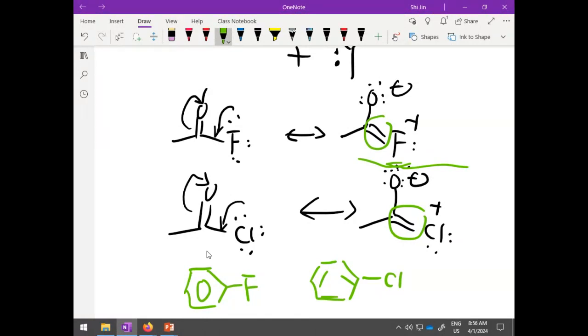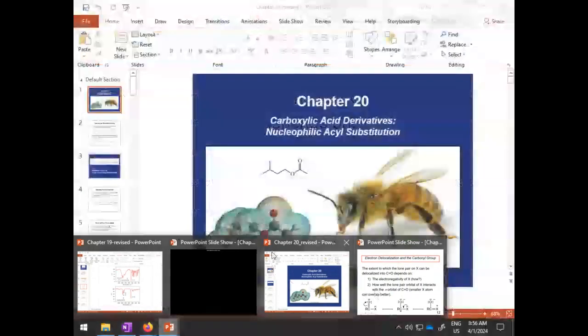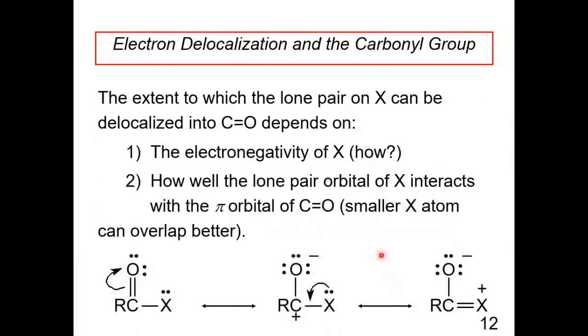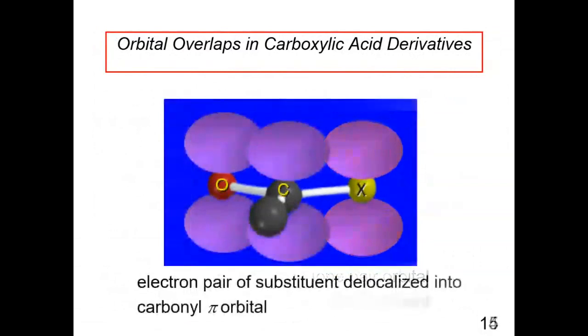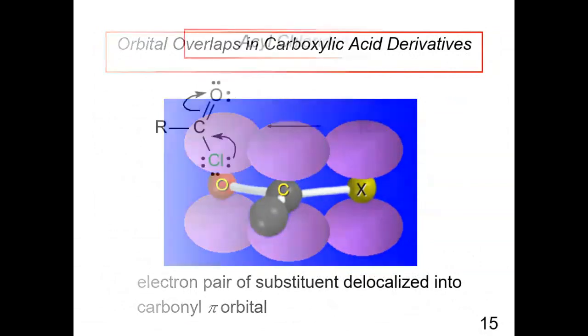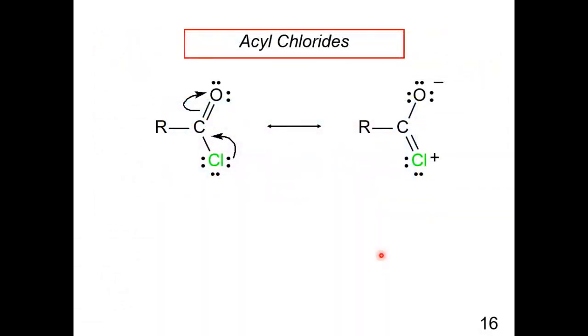So the same argument. That is the reason why acyl chloride is the most reactive type of carboxylic acid derivative: the heteroatom size effect.